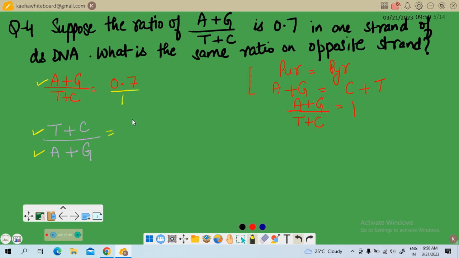So can I just reverse it? 1 upon 0.7, so that means 10 over 7. So that comes out to be 1.42. So if they say on opposite strand or complementary strand, that's one and the same thing. Okay, now coming to next question.